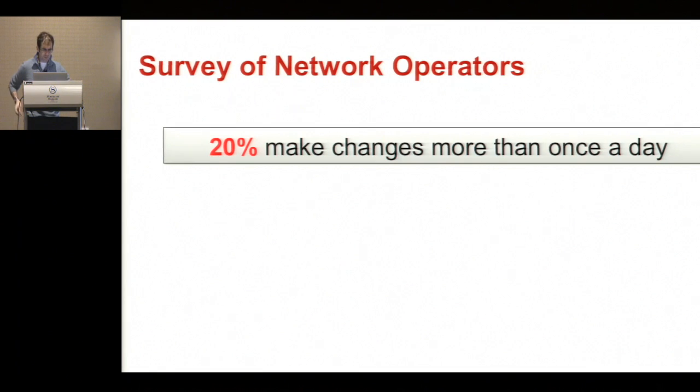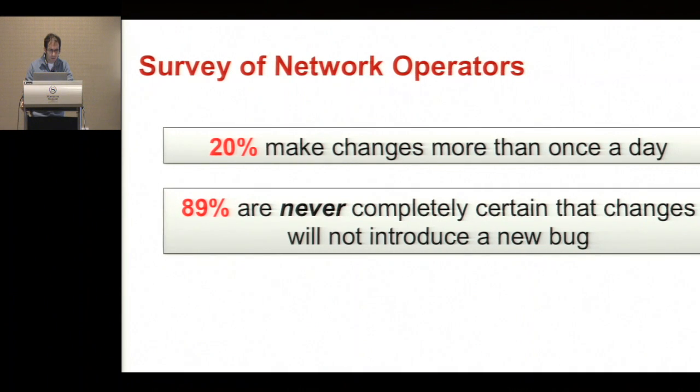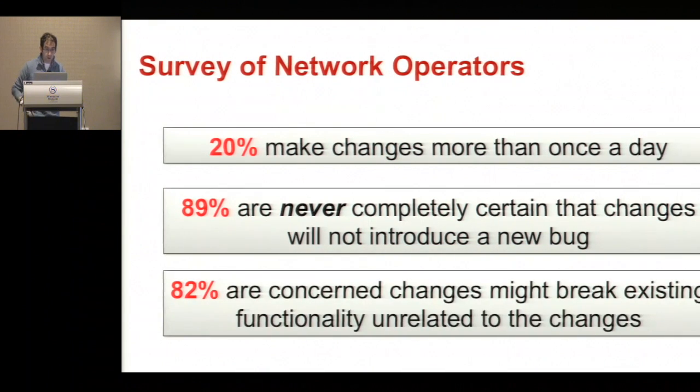This is a survey of several hundred operators, by the way. Another interesting statistic: most of them are never completely certain that when they make a change, they're not going to introduce some new bug. They really have no good way of figuring out that they're not going to introduce a mistake.